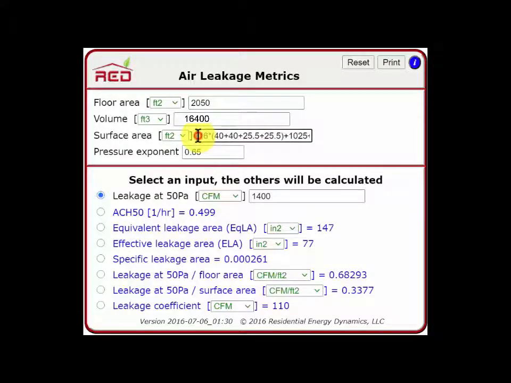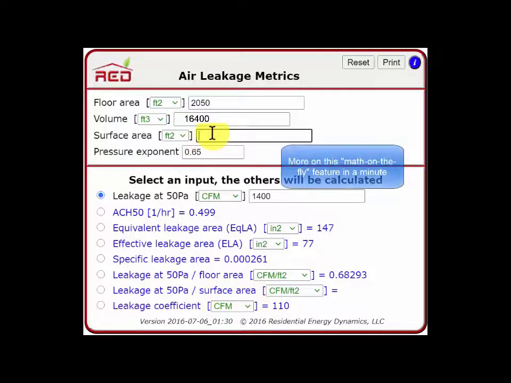Usually there's no reason to enter the surface area at the top of the tool. I'm going to take that out right now, click outside of the box, and you see that the only corresponding metric that goes away is leakage at 50 pascals divided by the surface area.